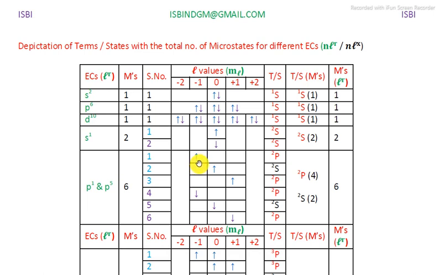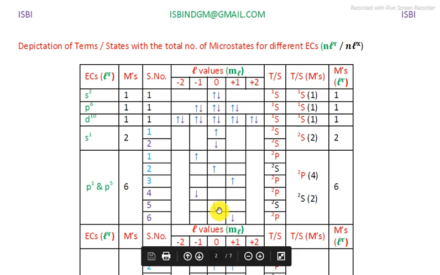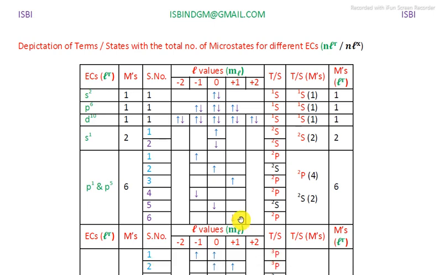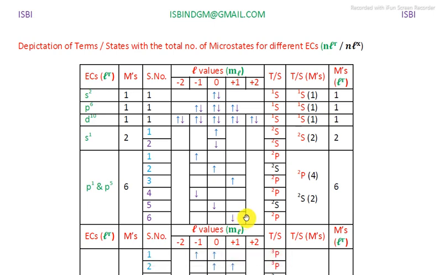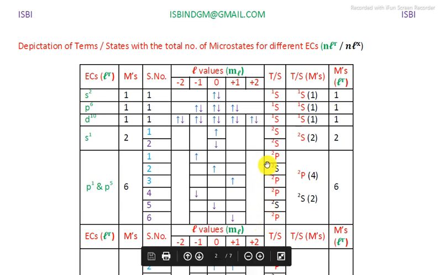The electron is in the first orbital with positive spin, in the middle orbital, in the last orbital, and the reverse of these 3: in the first orbital negative spin, in the middle orbital negative spin, in the last orbital negative spin. Let us see the number of unpaired electrons: 1. In all these 6 cases, total spin multiplicity is 2 only.